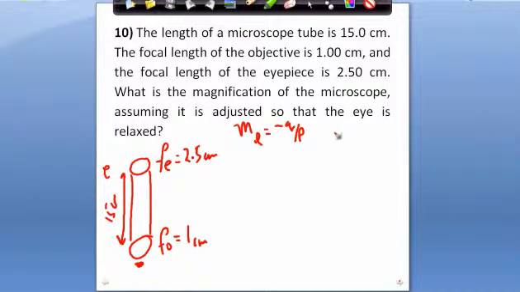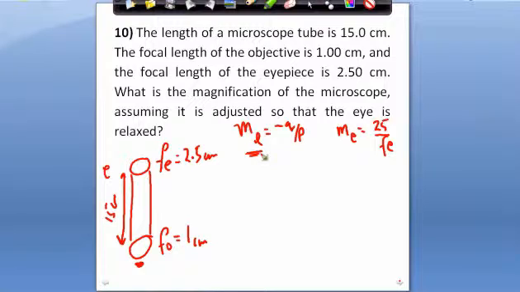And the magnification of the eyepiece is equal to 25 over FE. Now before we can actually find the magnification of the objective lens, we need to find out where the image and the object is for that objective lens.